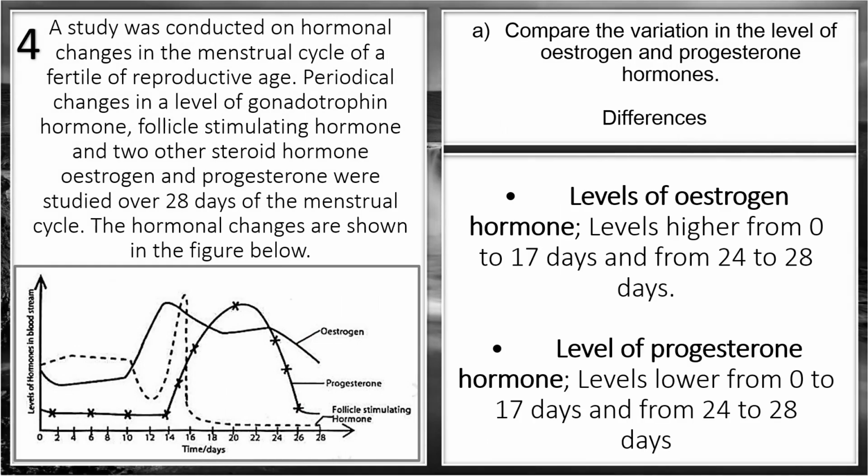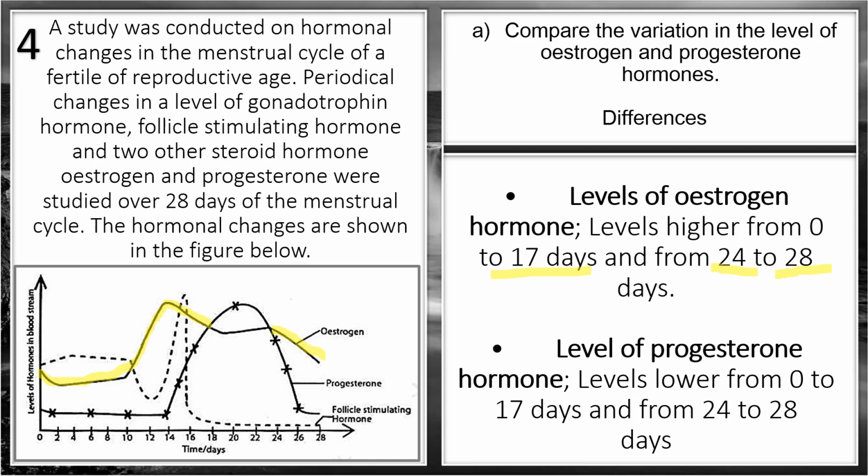The level of estrogen hormone is higher from 0 to the 17th day. If you look at it like this, coming up to the 17th day, the level of estrogen is higher. And from the 24th to the 28th day, still its level is higher than that of progestogen.